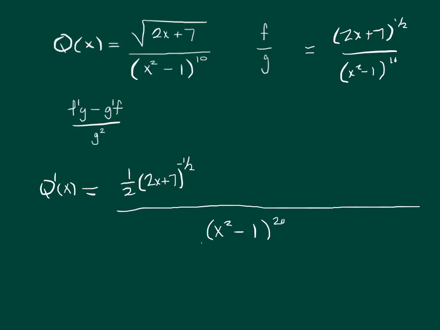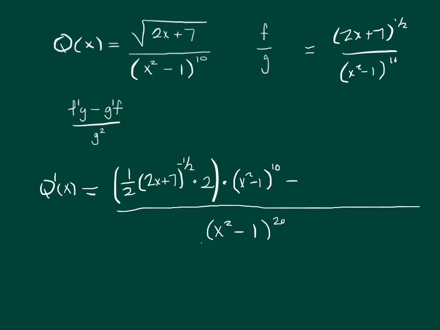Now we've got to multiply by the derivative of the inside. No big deal. That's 2. Times g, which is x squared minus 1 to the 10th.